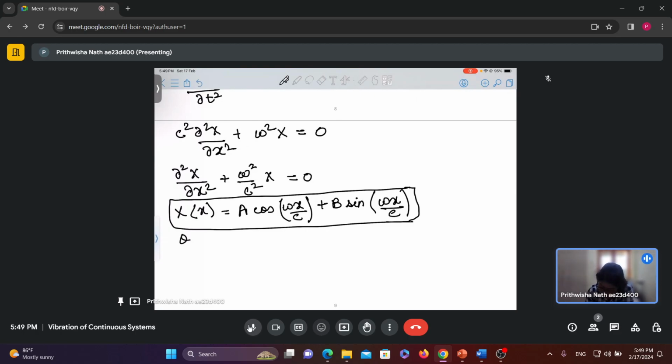Theta is 0 for x equals 0 and any time t. So what can I write from this?